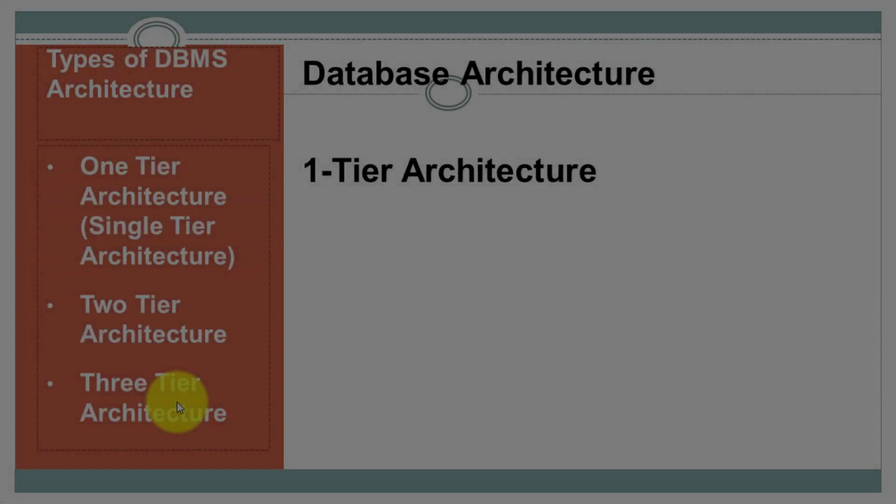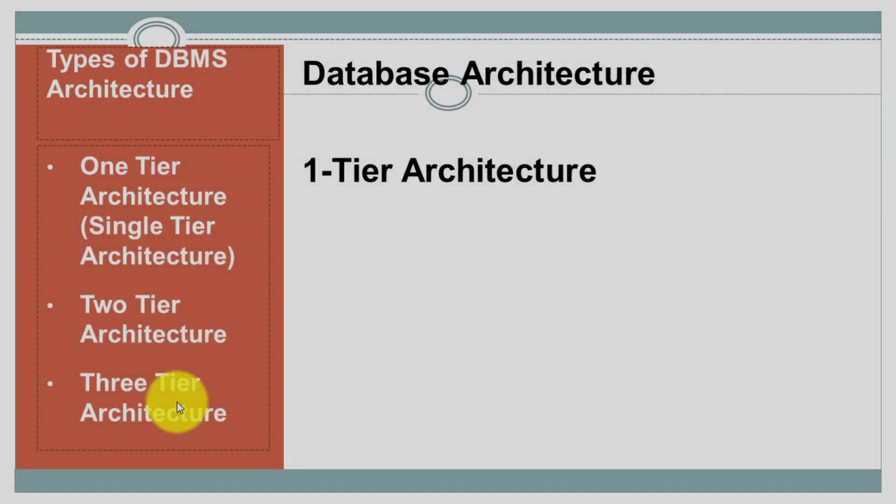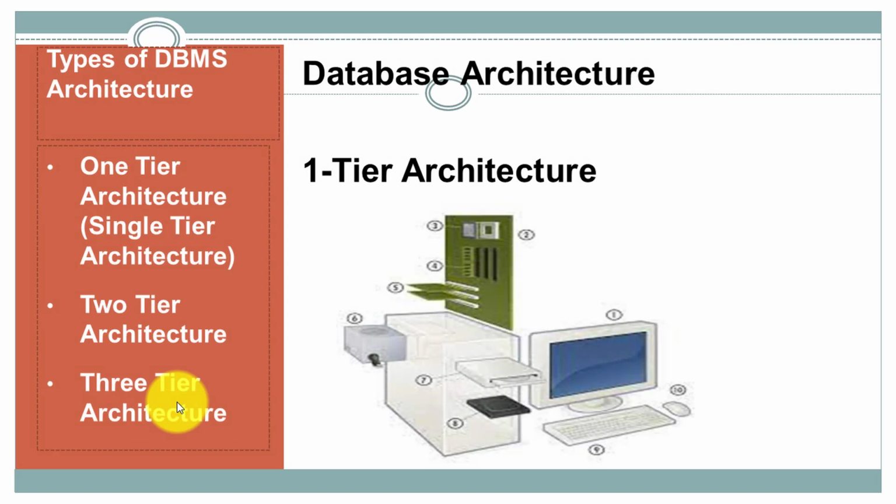Let's first understand what is meant by one tier architecture. In one tier architecture, there is one single machine or one local machine. On this one local machine, the client, server and database reside on the same single machine.